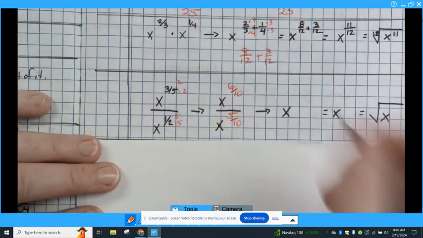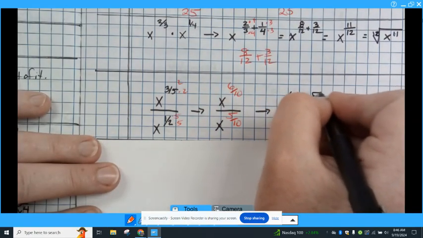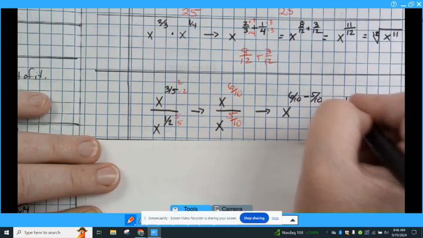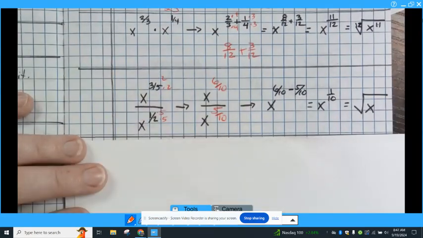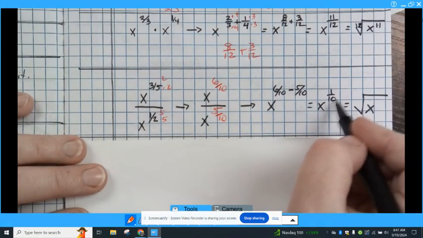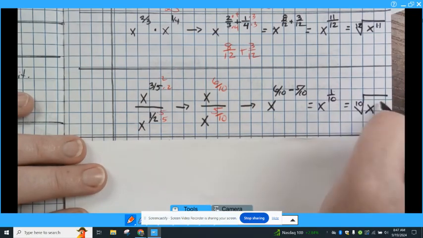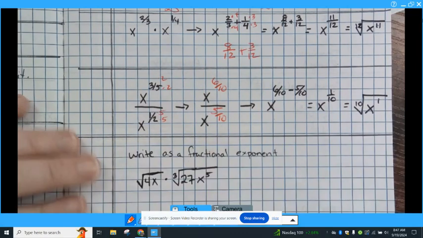Now I can do 6/10 minus 5/10, which gives me 1/10. If I'm going to change that to radical form, my denominator is my root, and then the 1, technically we don't need to write it, but I'll write it. Okay? So they follow the same rules.